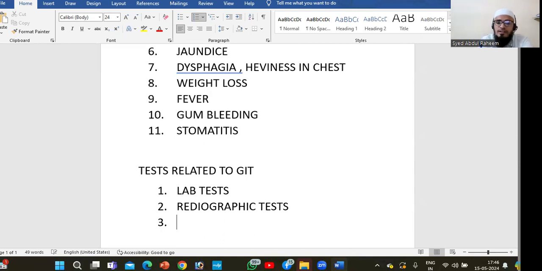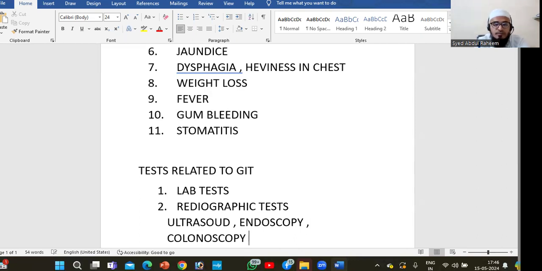In the radiographic tests, we have ultrasound, endoscopy, colonoscopy.